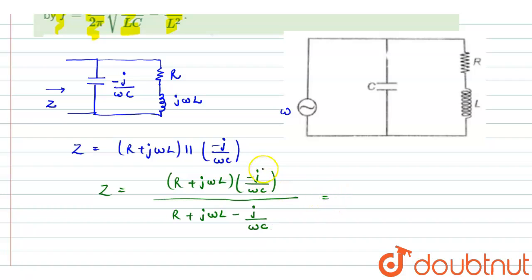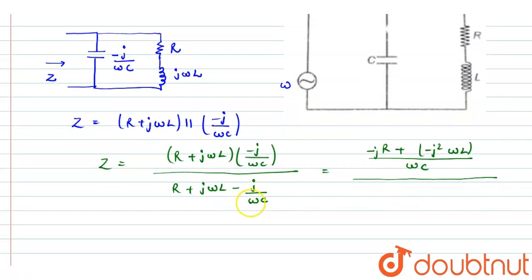Okay, so multiplying this value in the numerator, we will get minus jR plus minus j square into omega L, whole divided by omega C. And further in the denominator, taking the LCM, we will get omega RC plus j, we can take common, and we will get omega square LC minus 1.